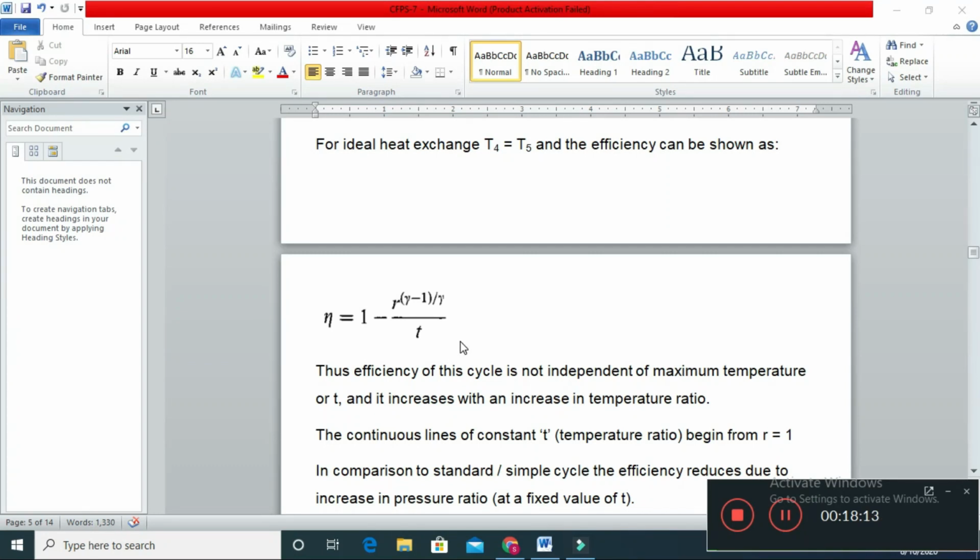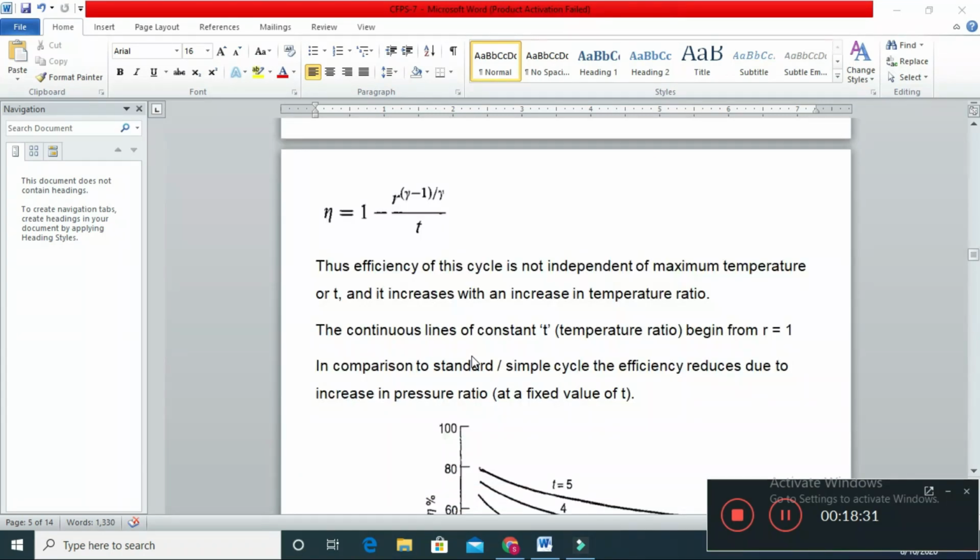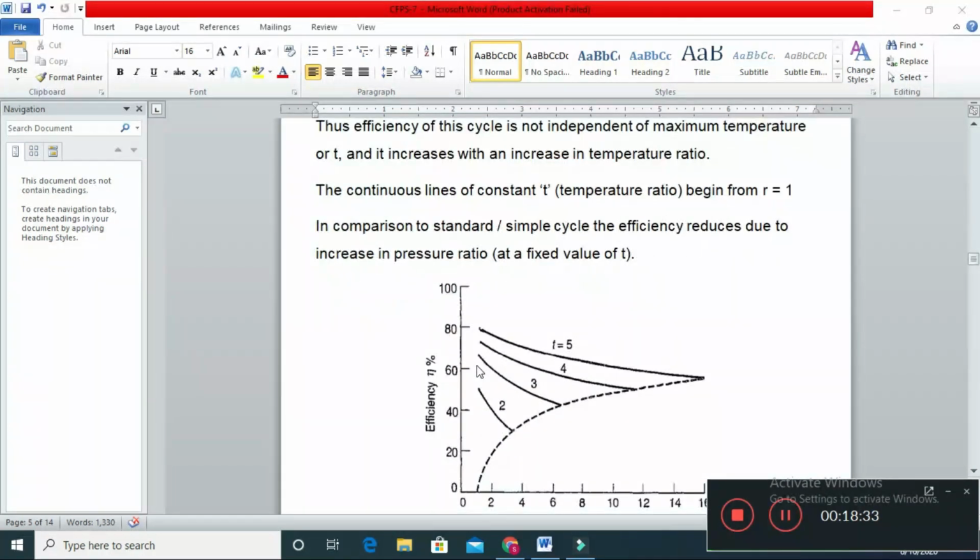So when the compressor exit temperature is increased, there is less chance to use the heat exchanger, because for the heat exchanger the compressor exit temperature should be lower or much lower than the turbine exit temperature.